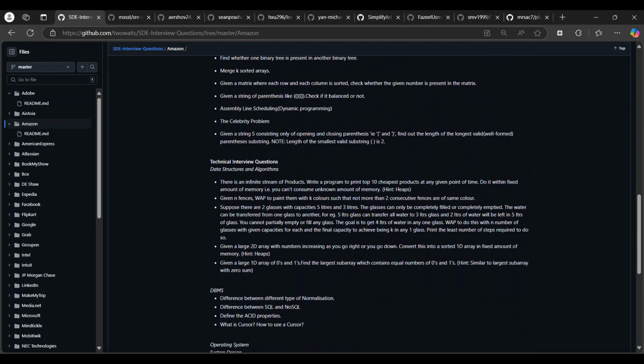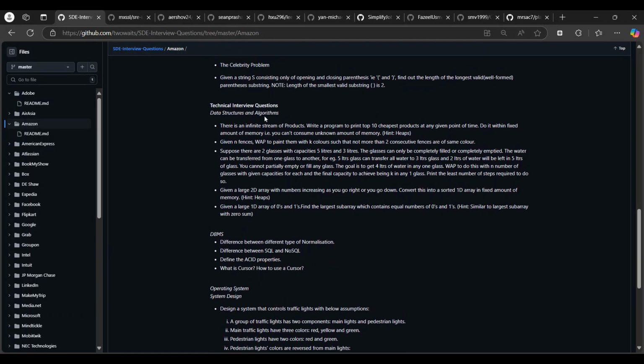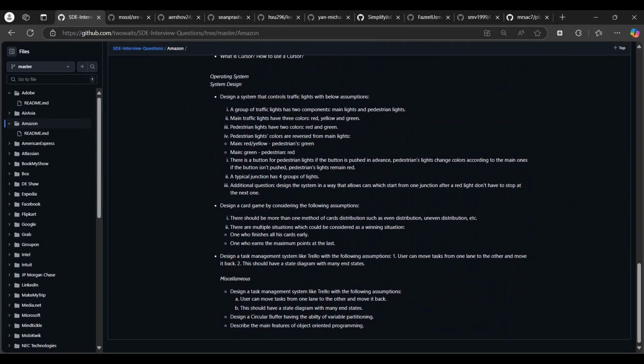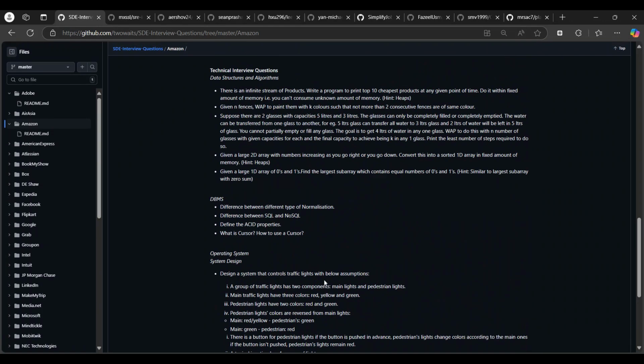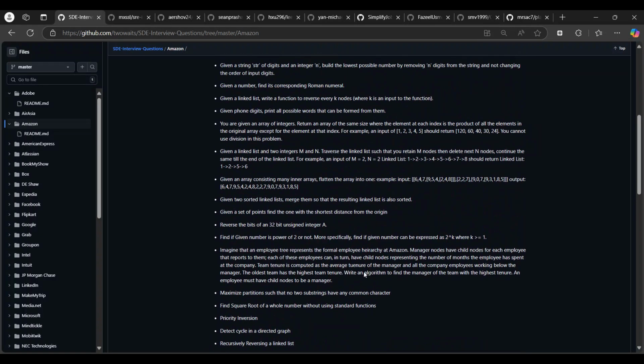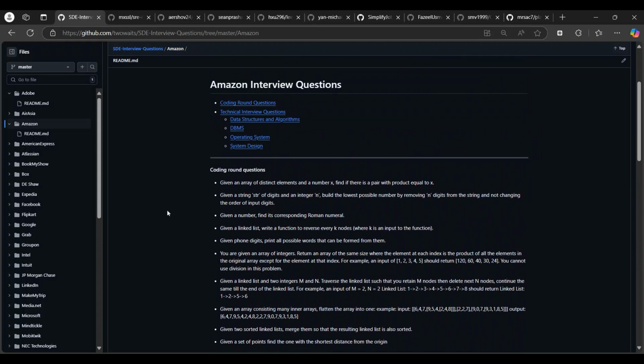Similarly, what interview questions Amazon asks, and then on different topics, like in data structures and algorithms they ask these questions. Then for DBMS, similarly for operating systems, some miscellaneous questions are also added. So you can get an idea of how your whole rounds and all the questions will be. So you can similarly prepare from here.